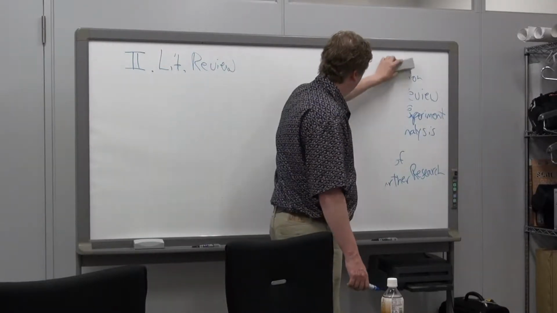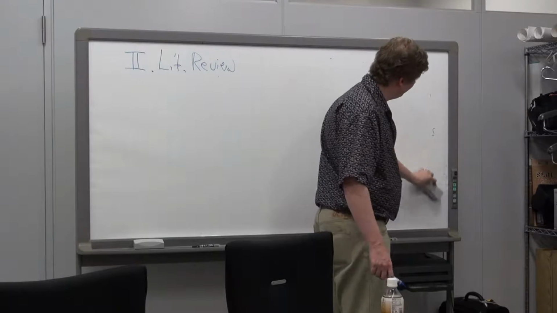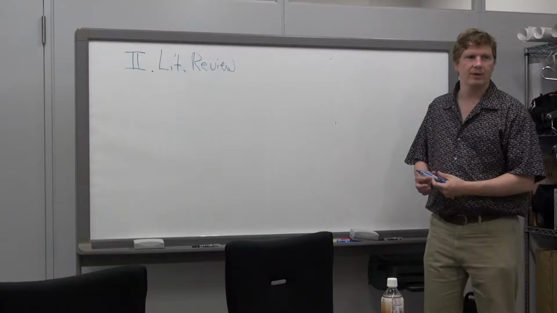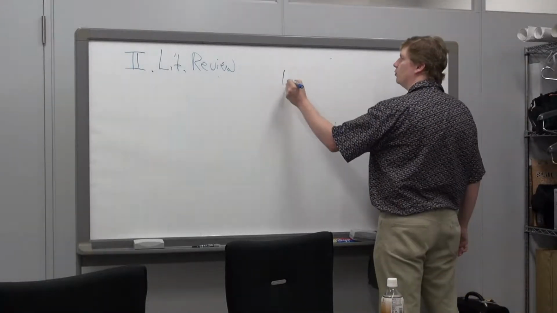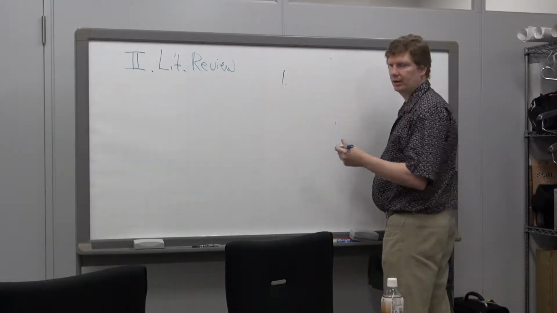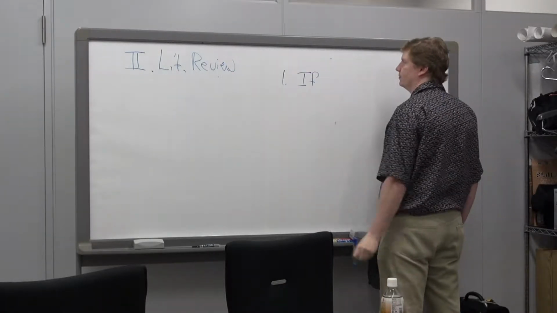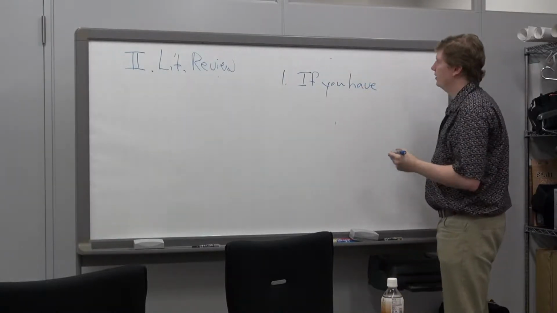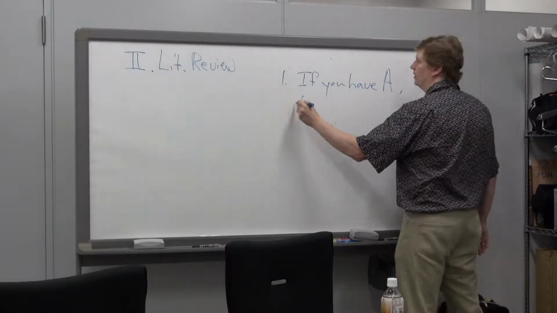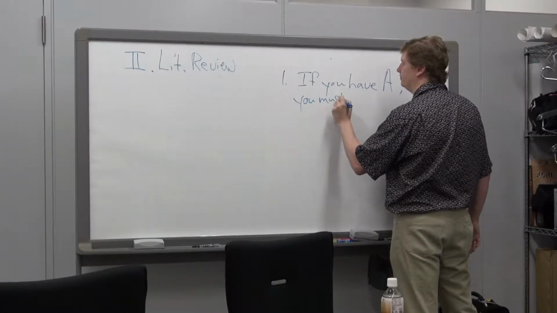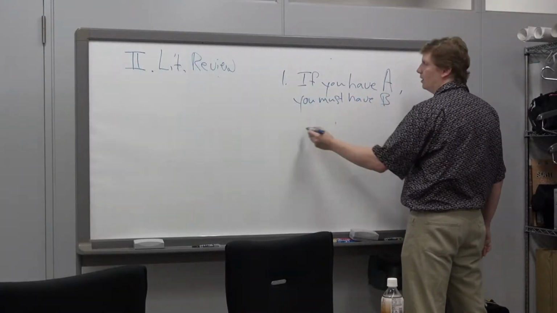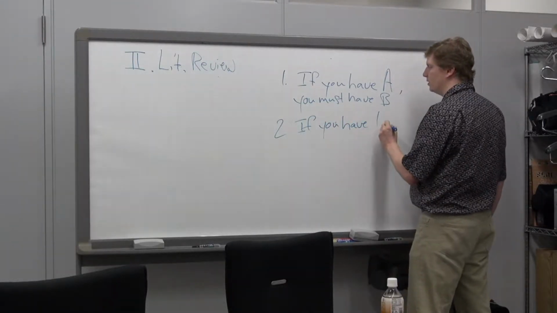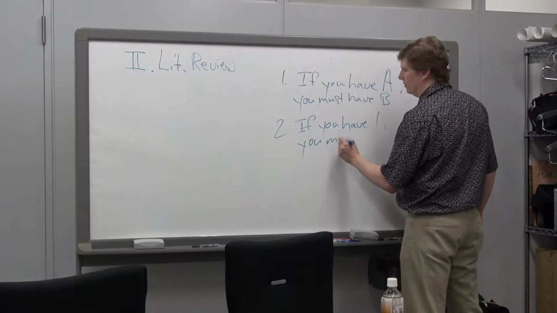Okay. Now, we remember from last week that for outlining purposes, we have 2 general rules, right? What was rule 1 from last week? If you have A, you must have B. And rule 2, if you have 1, you must have 2.